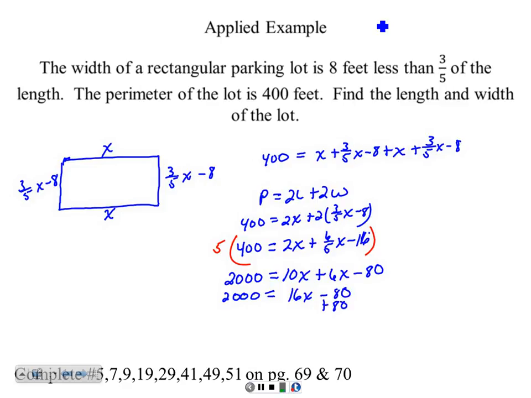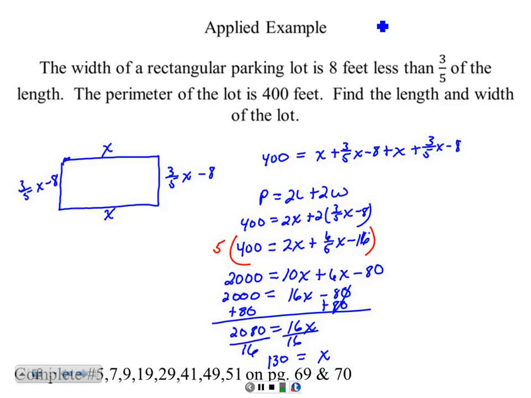If we add 80 to both sides, we have 2,080 is equal to 16x. If we divide both sides by 16, we come up with x is equal to 130.